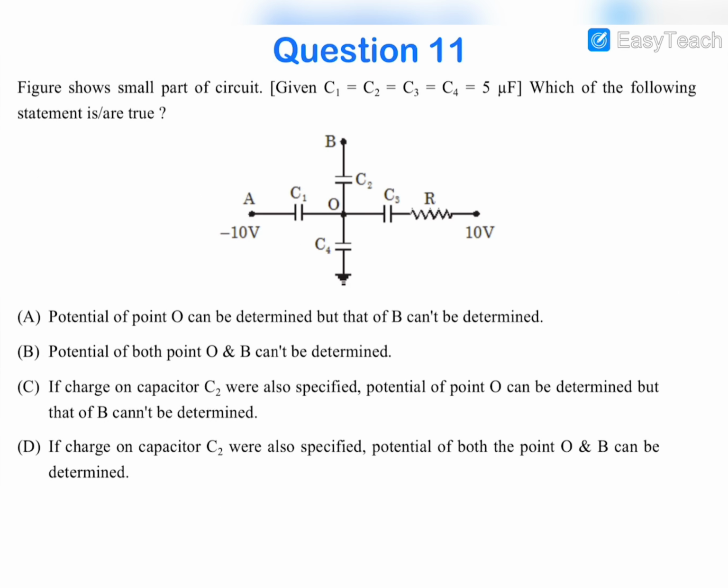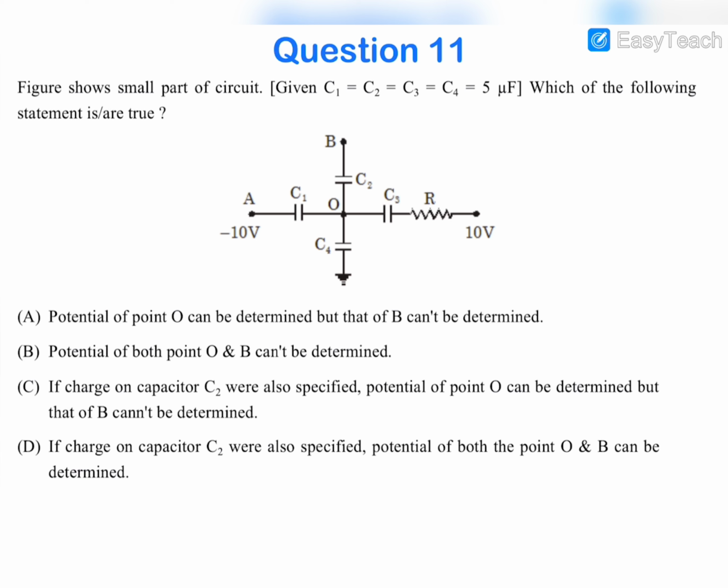In this question, you can see that this is a small part of a circuit, and all the capacitances are equal to 5. The first option says that the potential of O can be determined, but that of B can't be determined.